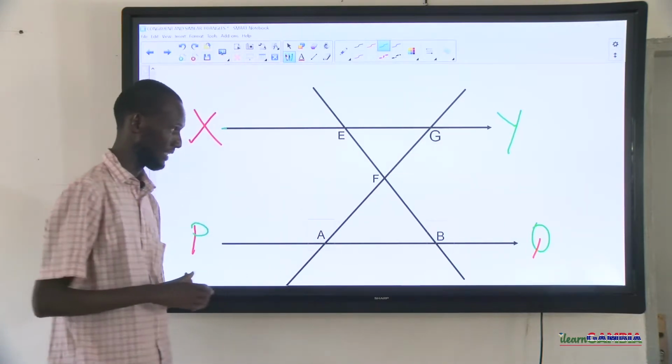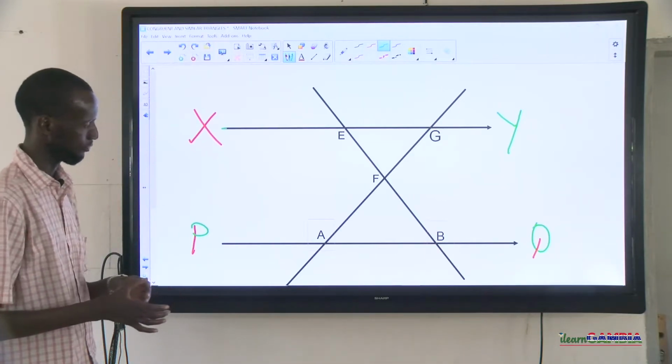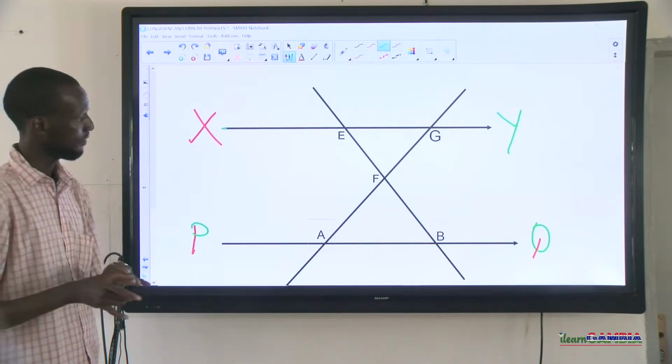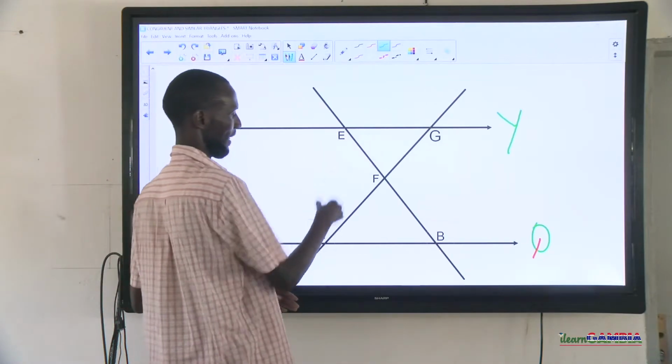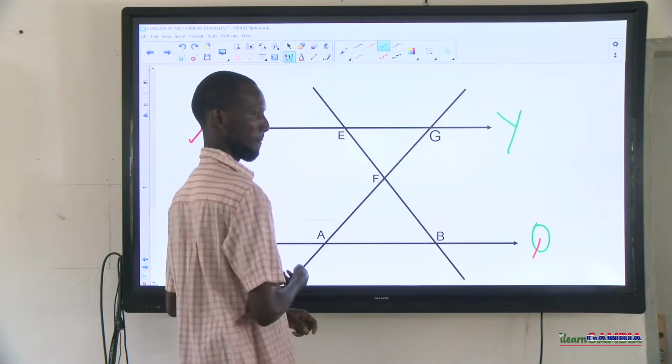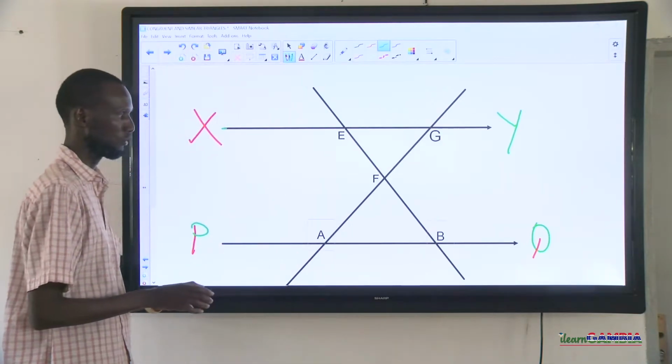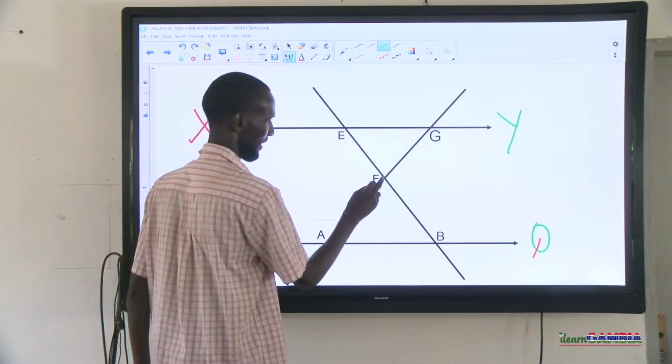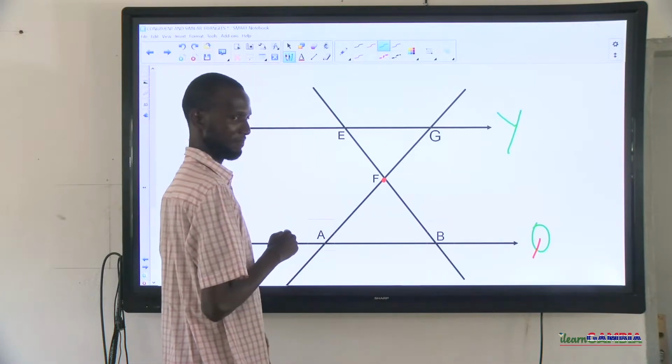So let's do some analysis here. Let's look at the angles and the triangles. Because of these two parallel lines, we have two transversals cutting through them, all right? And those two transversals meet right here at F, okay?